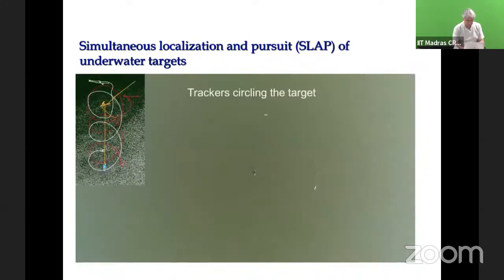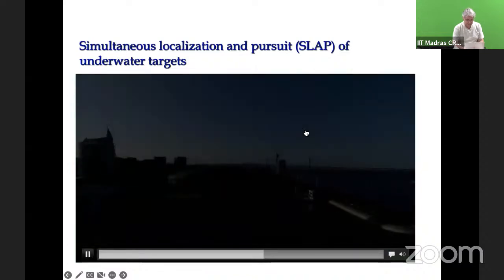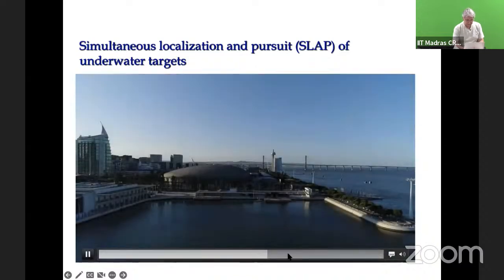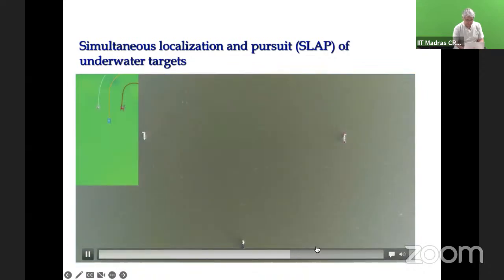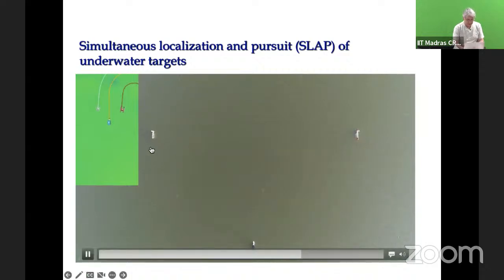So this is very interesting because this is a situation, one solution is the target is moving and the other guys are encircling. This is done in an automatic manner, right? There you go. And this is the situation. There's another situation where you can get very good estimates of the target position by moving behind and measuring these ranges.